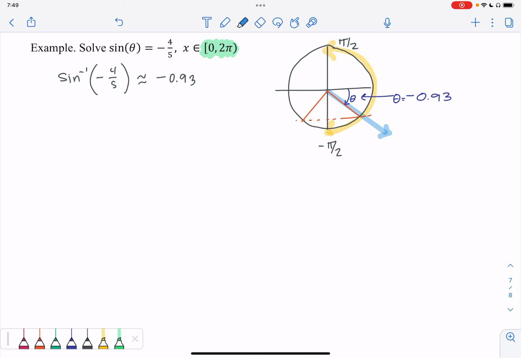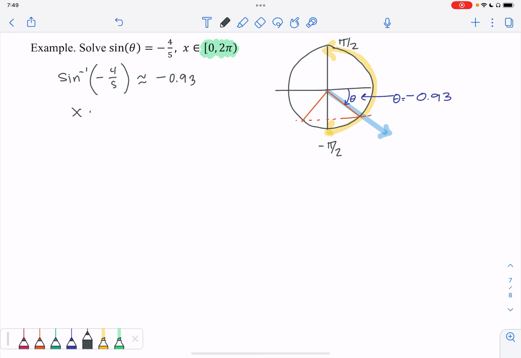So what I can do is I know that negative 0.93 is just coterminal with the angle that I'm trying to name. So I'm just going to add 2 pi. What adding 2 pi does is take me around, and instead of coming down here, it turns it around and gives me the angle that I want in standard position from here to here. Okay, so I'm going to get two answers.